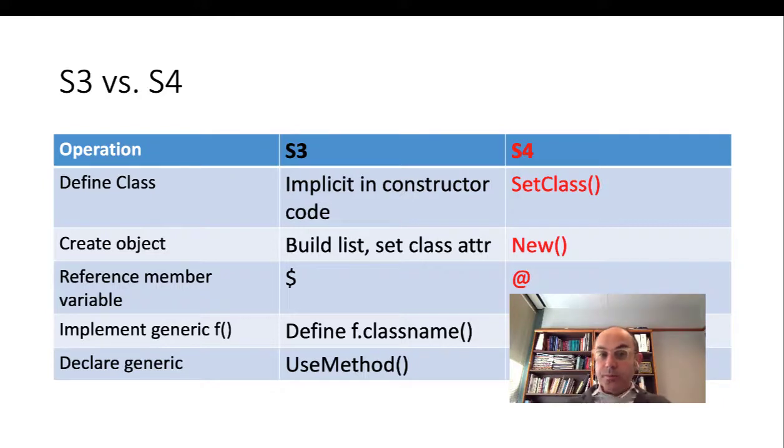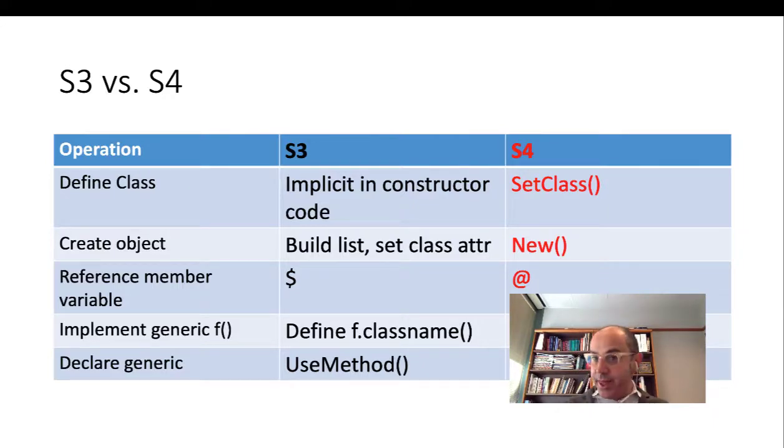With regard to referencing a member variable, in S3 it will be a $. In S4, it will be the @. To implement a generic function, S3 will define the class method. In S4, it will be setMethod.